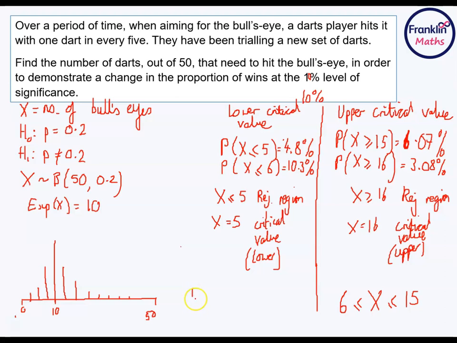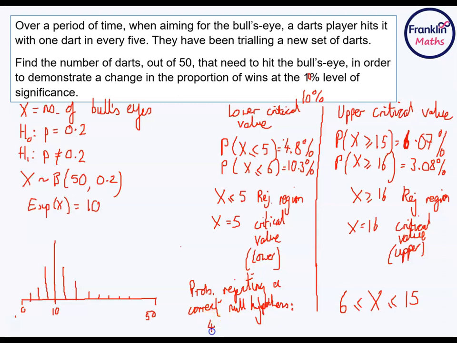So the probability of us rejecting a correct null hypothesis in this case is just going to be adding these 2 critical value percentages together.